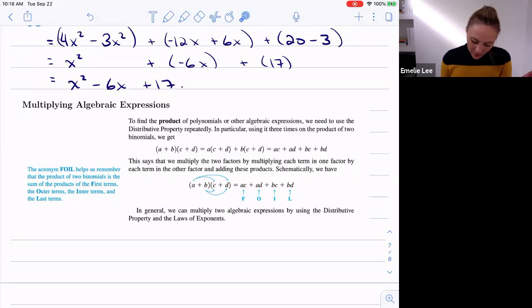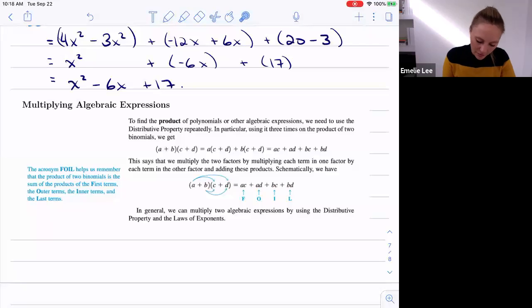So if you do this kind of the FOIL, I guess first, outside, inside, last, I don't know. Like I said, if FOIL works for you, then that's great. But at the end of the day, all I need you to remember is that you need to bring each term onto the other term, right?